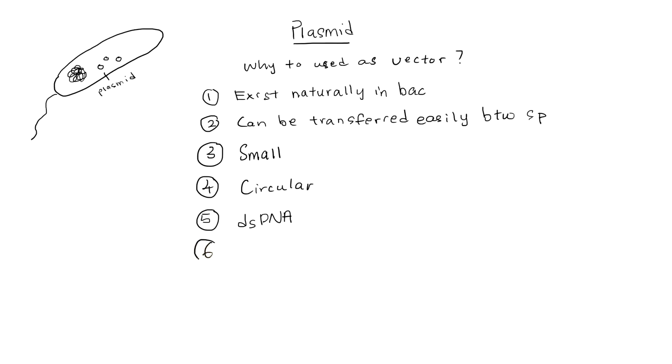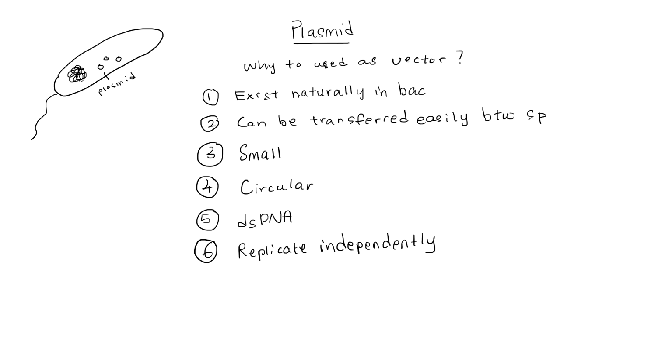Number six. One of the main features of why plasmid is frequently used as a vector is because plasmid can replicate independently, independent of the DNA here.